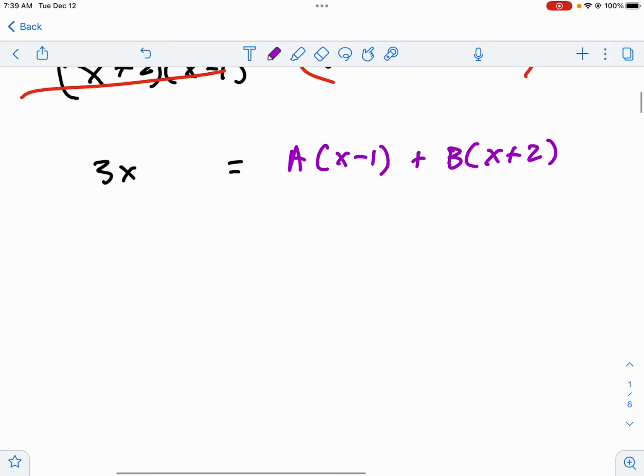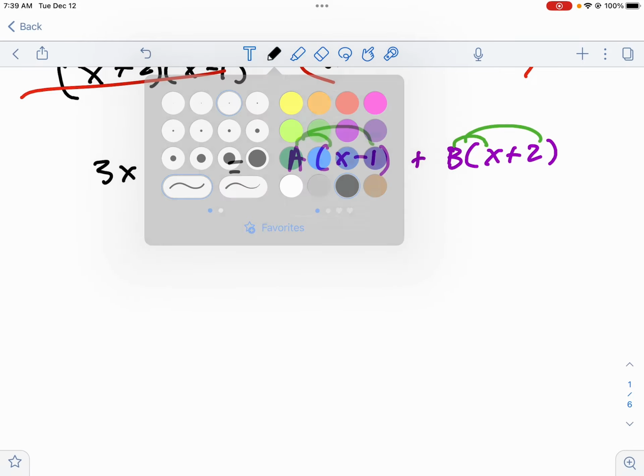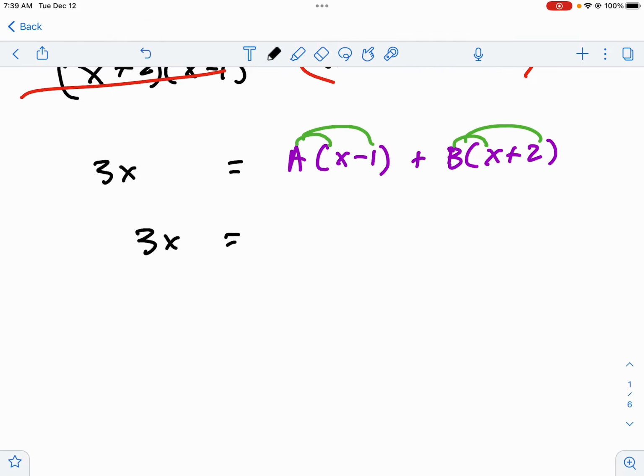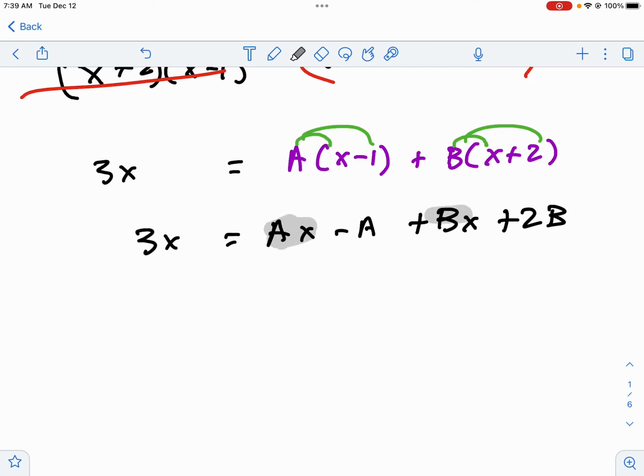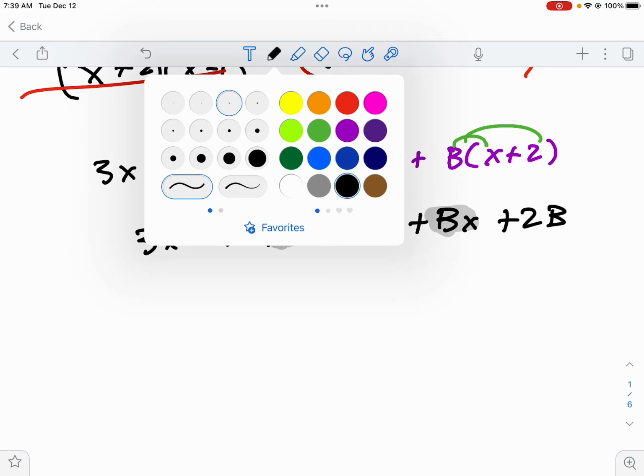Again, naturally, you want to distribute. So I get 3x is equal to ax minus a plus bx plus 2b. And then we want to combine like terms. They don't look like like terms, but they are, because they both have an x.